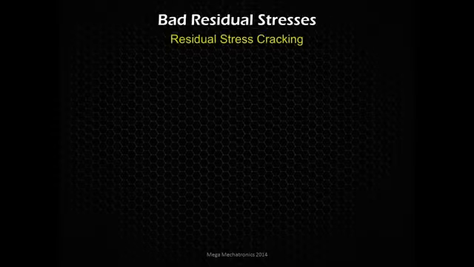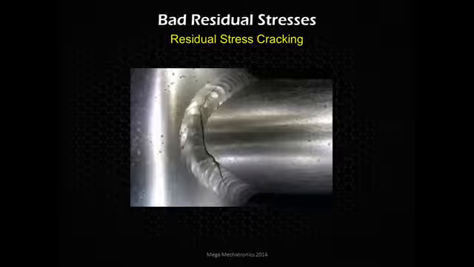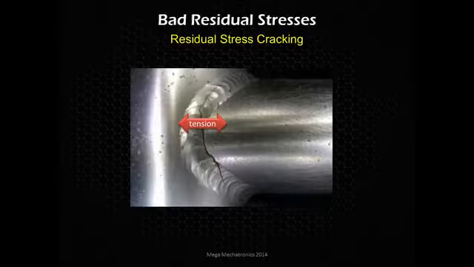Let's look at some bad residual stresses. We are going to talk about residual stresses later, but here's an example right now. Stress cracking. So these two tubes were welded together, and they used the wrong manufacturing methods, or didn't complete the manufacturing methods, which led to a tensile force between these two different parts that, after they were welded and cooled down, are pulling apart.